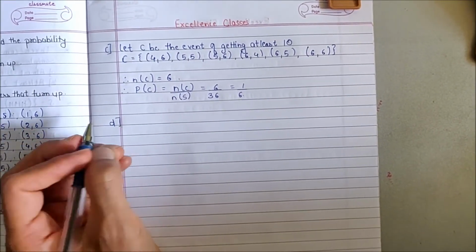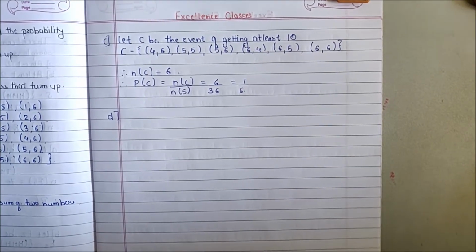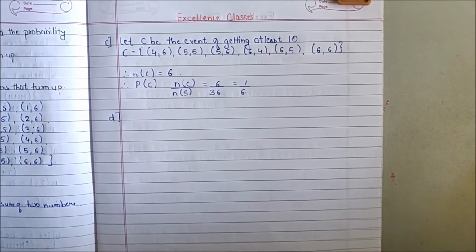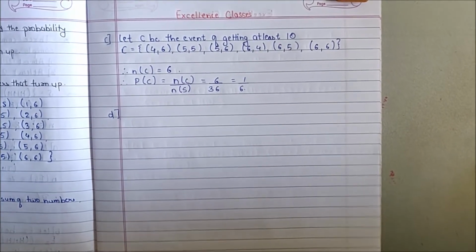In the D part, they have asked us for a multiple of 3 as the sum of two numbers that turn up. So the sum of the two numbers that are turning up should be a multiple of 3.